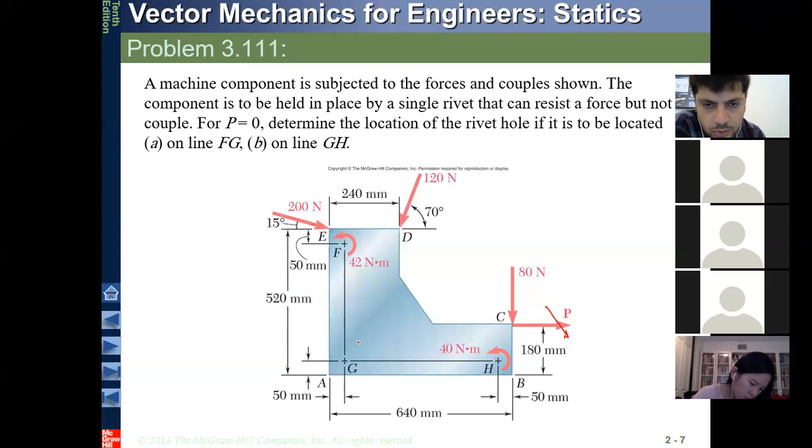So if this is going to be in a static case, then you have to put a hole in a place that there is no moment about that point. So imagine that point is either on the FG line or the GH line, and we're going to calculate the location of that point.